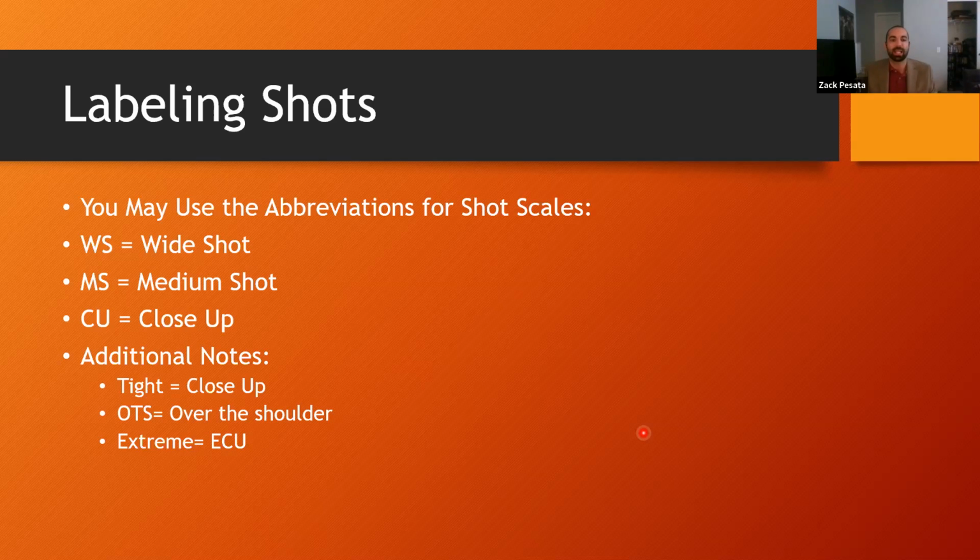For a medium shot, use MS. For a close-up, use CU. You can also make additional notes, like if it's a very tight close-up on the eyes, you would say tight close-up eyes. Over the shoulder is OTS, and for extreme, just put an E in front of it, so extreme close-up or extreme wide shot.